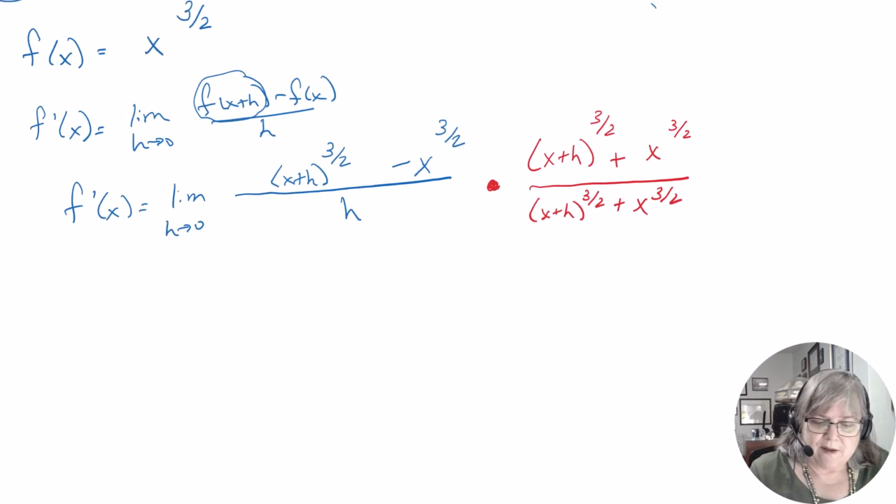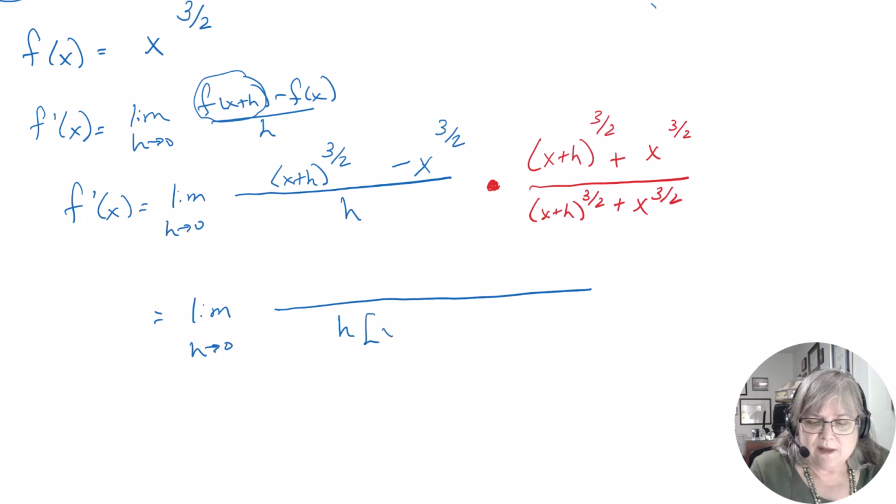All right, here we go. So it's the limit as h goes to 0 of... Now let's look at the bottom, and you've got h times x plus h to the 3 halves plus x to the 3 halves.